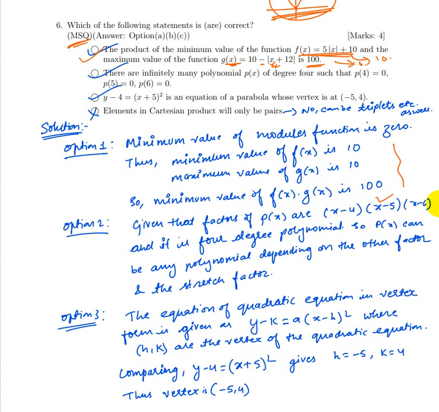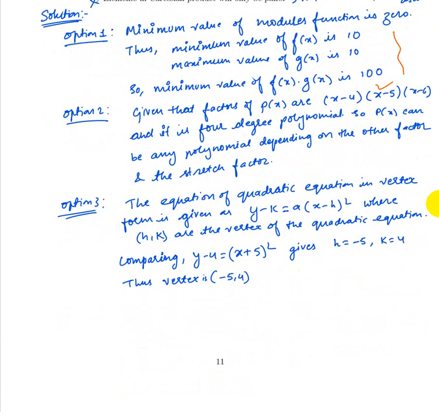There are infinitely many polynomials p(x) of degree 4, such that p(4) is equal to 0, p(5) is equal to 0, p(6) is equal to 0. Okay, so given that the factors of p(x) are x minus 4 into x minus 5 into x minus 6, right, and it is a 4-degree polynomial.